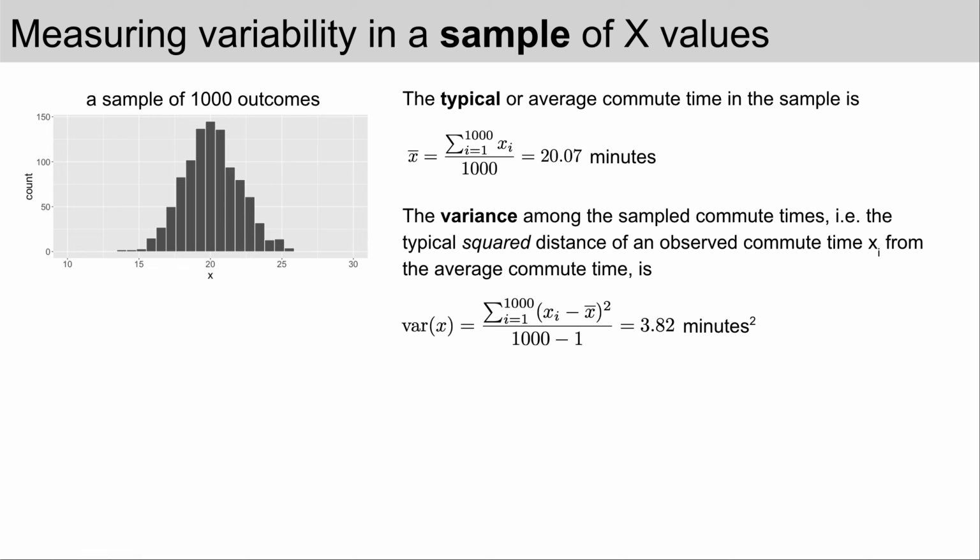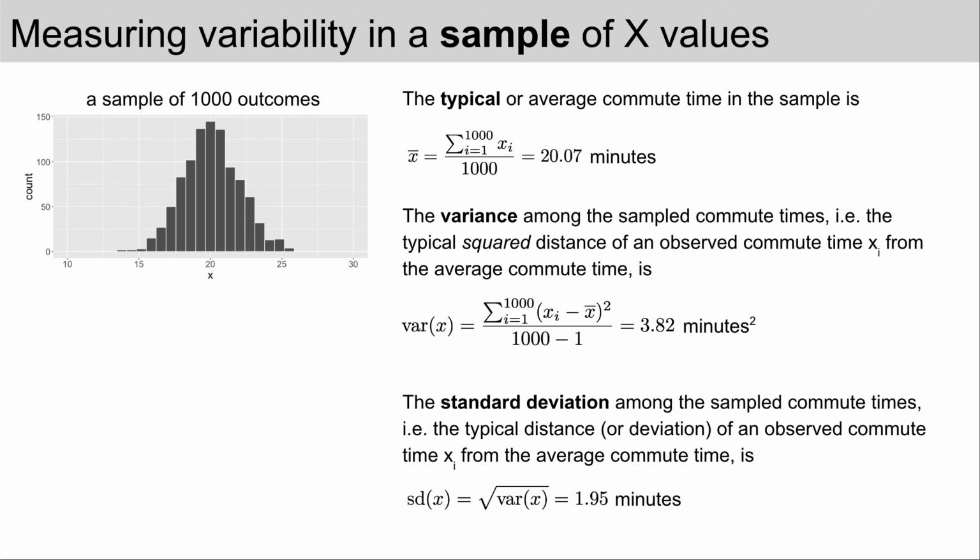But this makes the variance a little awkward to interpret. Hence, we typically measure the variability of a sample by the standard deviation, or the square root of the variance. This measures the typical distance, not squared distance, of an observed commute time from the average. To make it easier to remember this measurement, note that another way to refer to a typical distance is standard deviation, hence the name. In our example, the commute times have a standard deviation of 1.95 minutes.